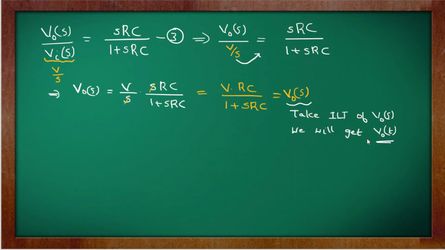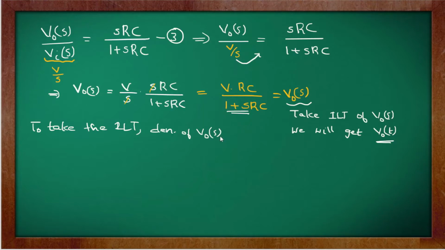Now, to take the inverse Laplace transform, the denominator of V naught of S must be of the form S plus something, right? S plus some constant.